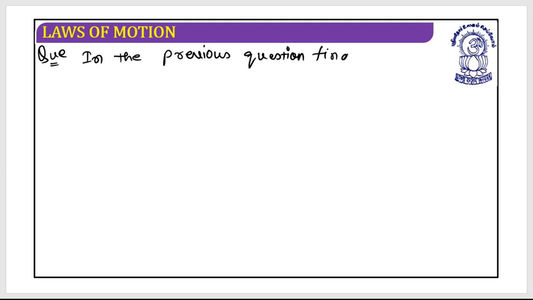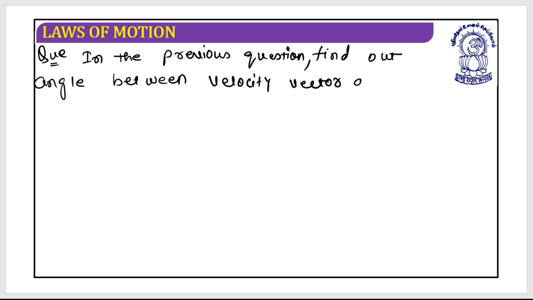Find out the angle between velocity vector and acceleration.